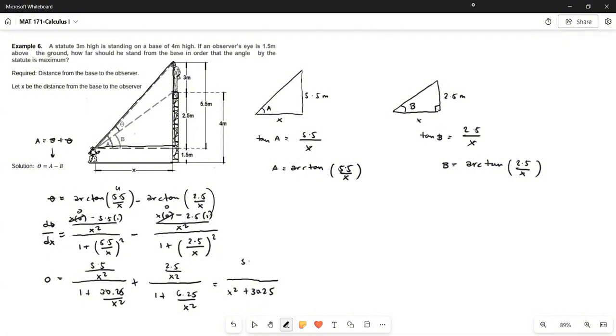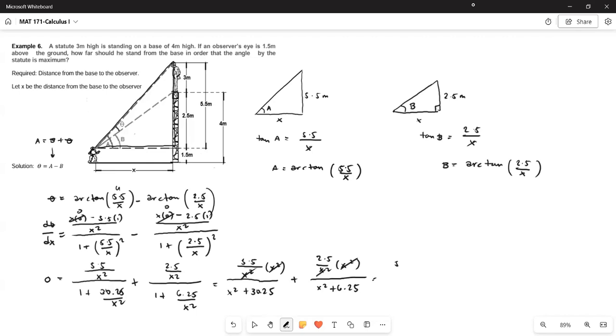So magiging 5.5 over x squared times x squared na galing sa baba, plus over LCD ulit x squared plus 6.25. Yung x squared sa baba na yan, iaangat ko na agad para mabilis. 2.5 over x squared times x squared. Since may x squared sa taas, meron sa baba, ganun din sa kabilang term, cancel out lang natin yan.